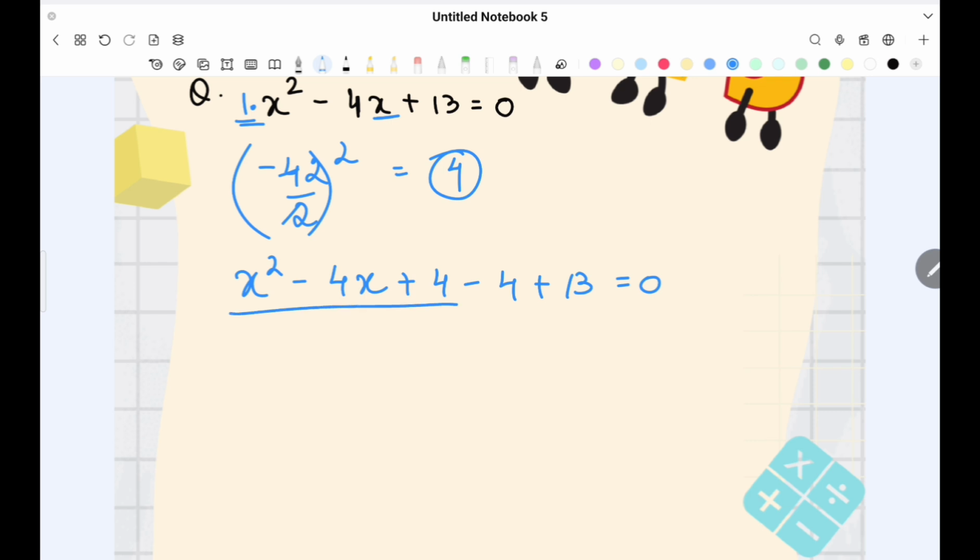Here you can see again a perfect square forming. x square, x minus 2 whole square, a square plus 4 minus 2 into 2, 4x, and 13 minus 4 is 9.